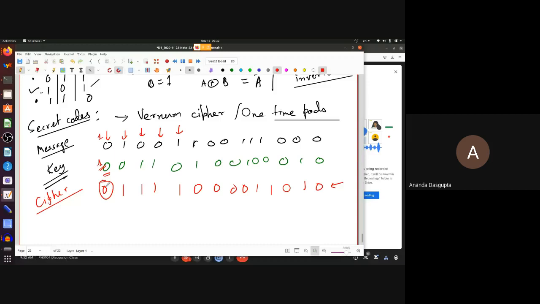Is that clear? That is, if the message is n bits long, then there are 2 to the power n possible messages. And out of the 2 to the n possible messages, each one is just as likely as the other one.